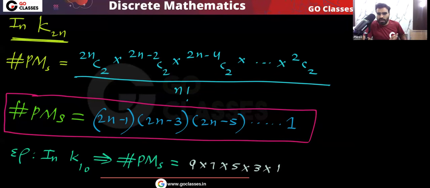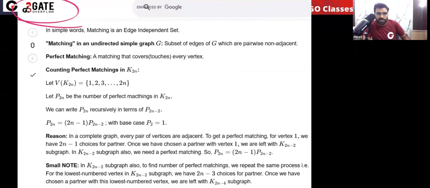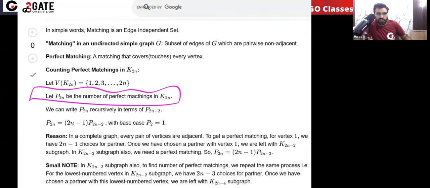Okay, that's it. I hope you understood the complete analysis of this GATE 2003 question. You can read my answer that I have written on GATE Overflow under this GATE question. Under the GATE 2003 question, I have written a detailed answer, where I have found the recursive formula for the number of perfect matchings in a complete graph on 2n vertices.